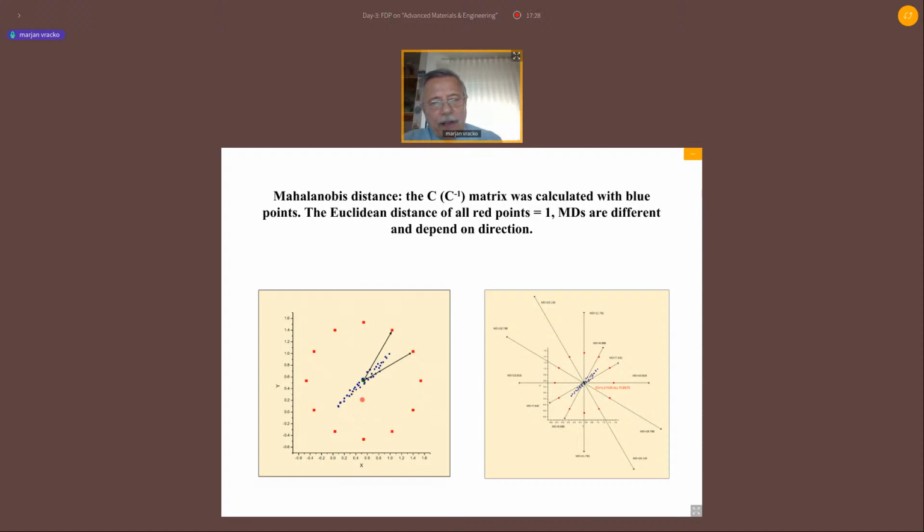So we have our space matrix, and we can now calculate the distances of those red points. So here on these arrows are Mahalanobis distances. We can see that Mahalanobis distances are quite different, they depend on the direction.